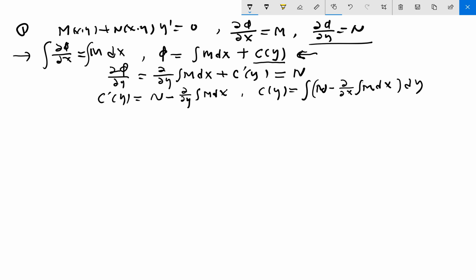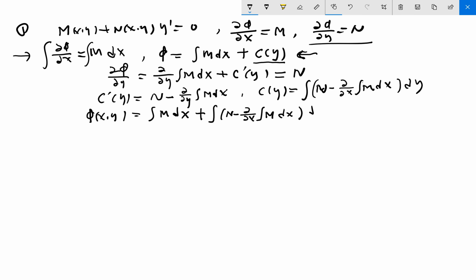What is our phi? Our phi here is equal to the integral of M dx plus c of y. Here c of y is the integral of N minus the partial derivative with respect to y of the integral of M dx.